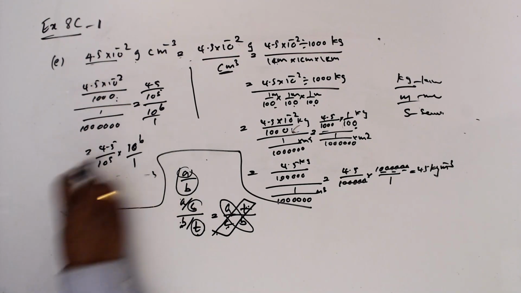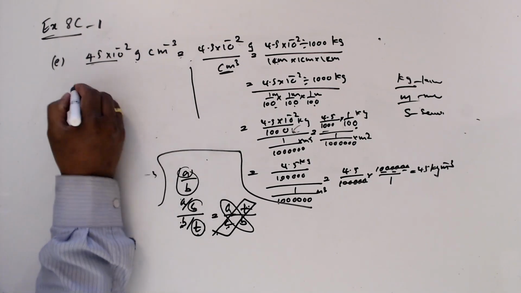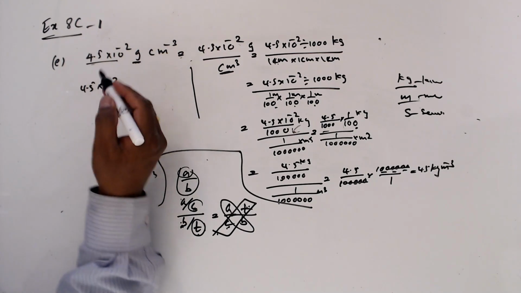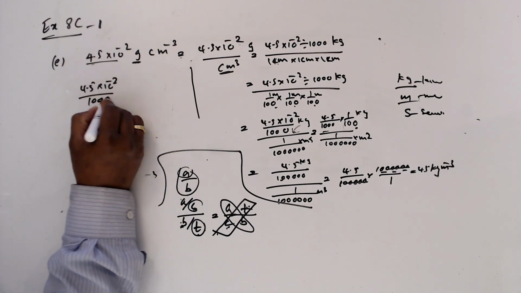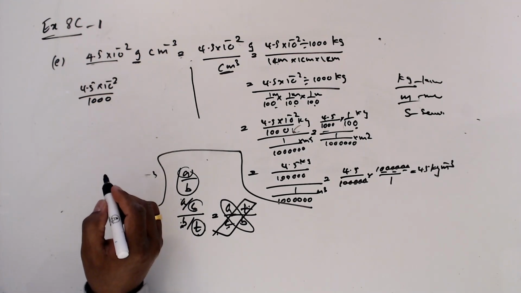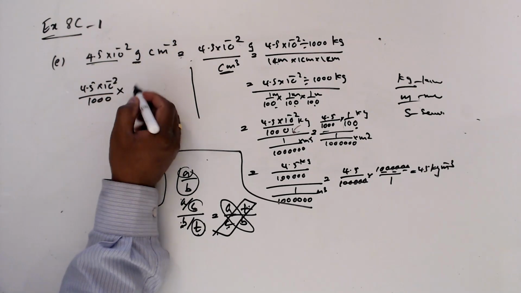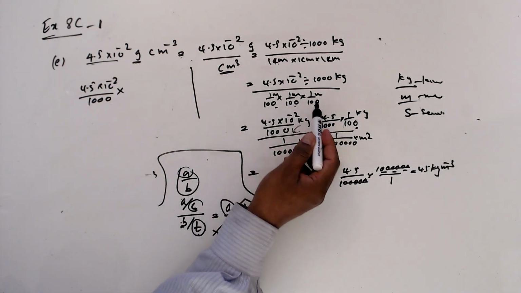So having this knowledge, 4.5 times 10 minus 2, this is in the denominator, so I want to divide by 1000. And this is in the numerator, cm, and I want to divide by 100,000.